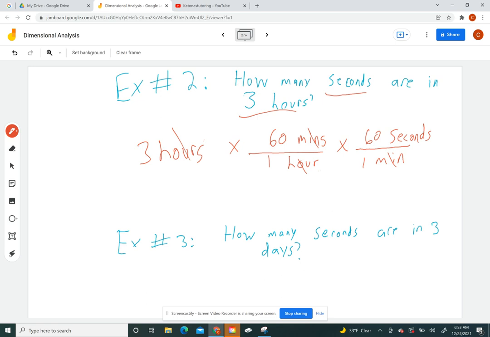Now I multiply straight across, and obviously I would divide by the denominator, but in this case they're both 1, so it's not going to change my answer. So I'm going to first start with 3 times 60, get 180, then multiply again by 60 to get 10,800 seconds.